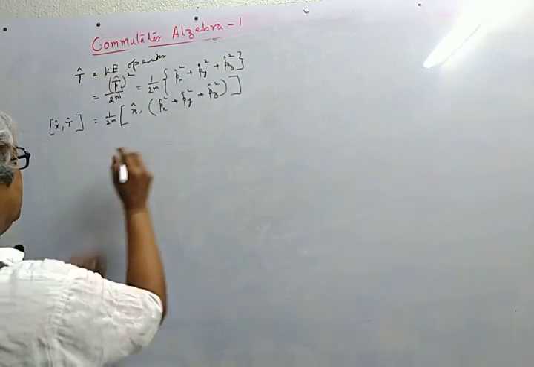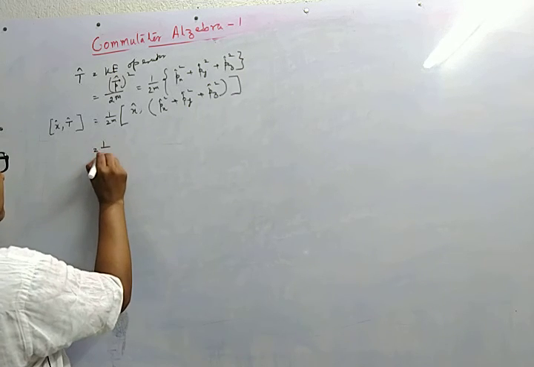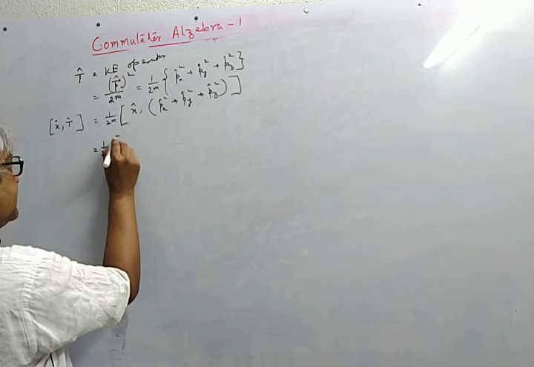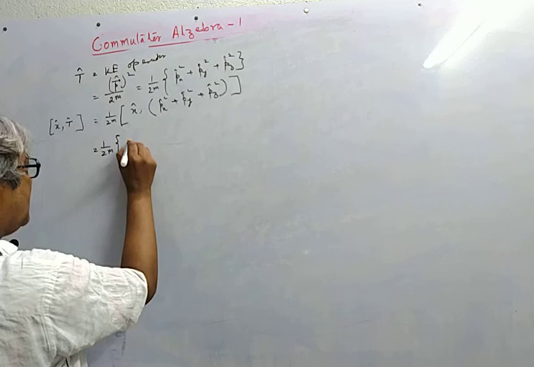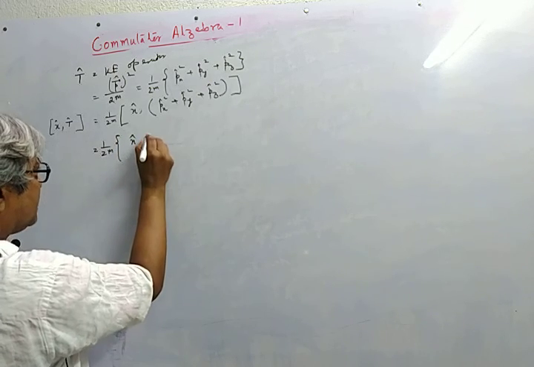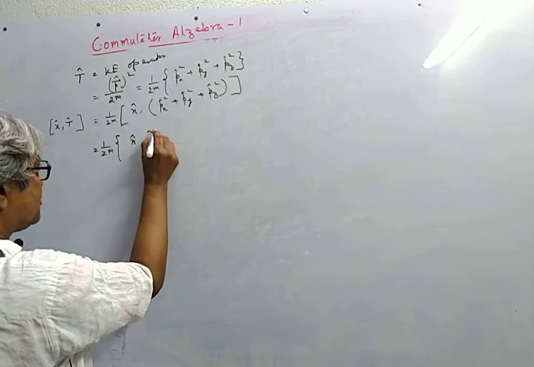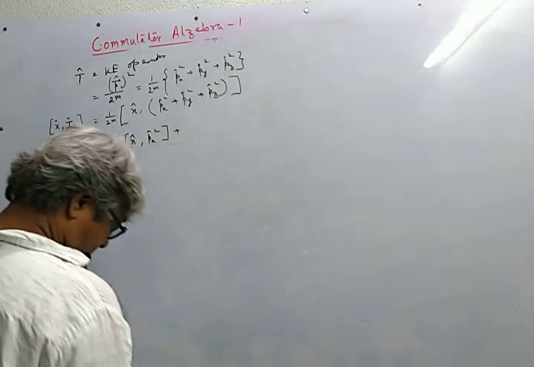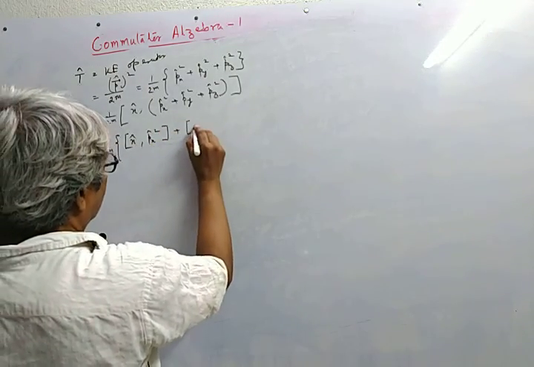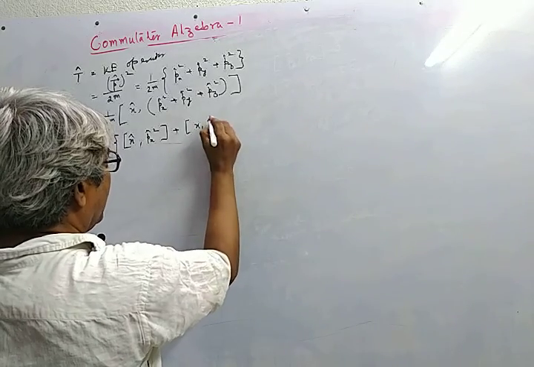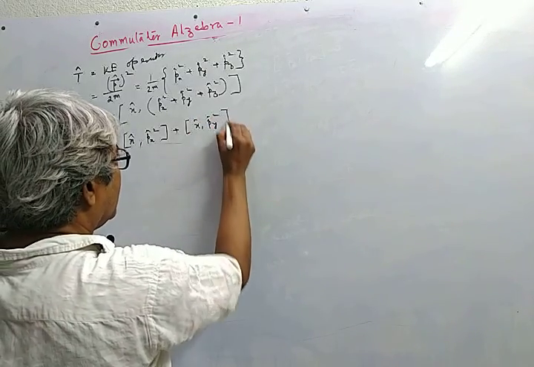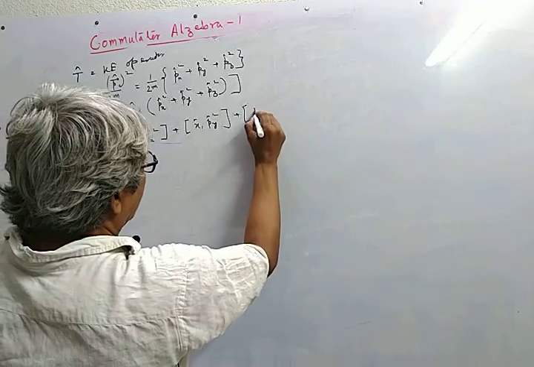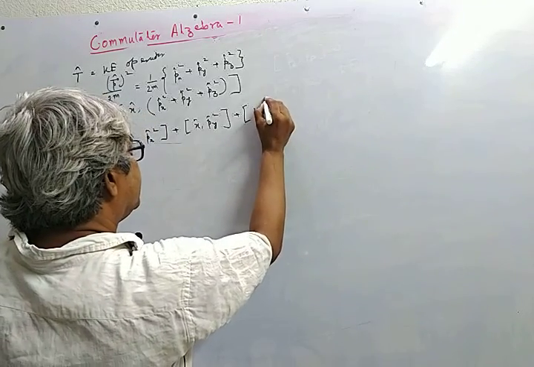This commutator will be the sum of three commutator relations: x with px squared, x with py squared, and x with pz squared.